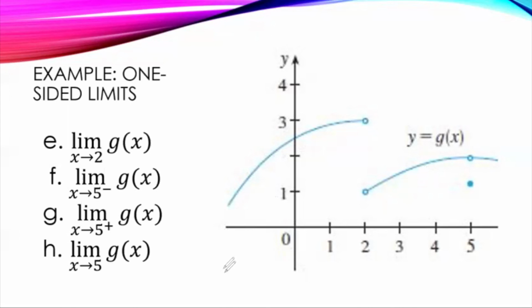It is negative infinity to 2, union 2 to positive infinity. That's the domain.